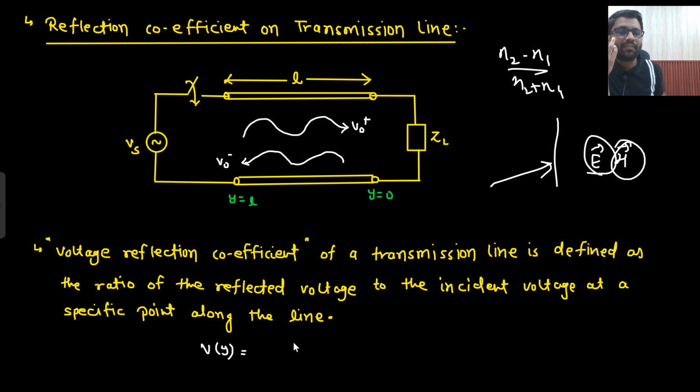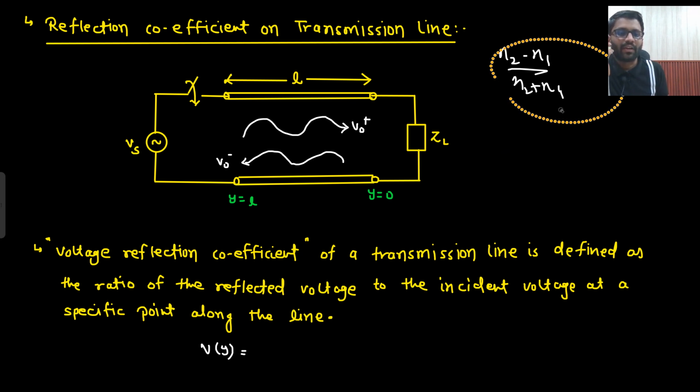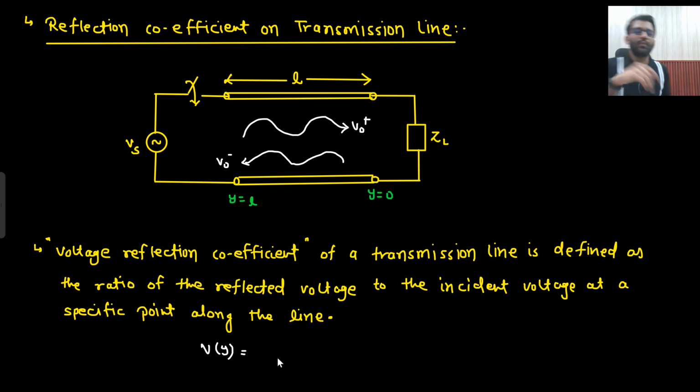So similarly, we will write down the reflection coefficient. What is known as reflection coefficient? In our voltage wave we have a forward traveling wave and a backward traveling wave, basically the incident wave and the reflected wave.